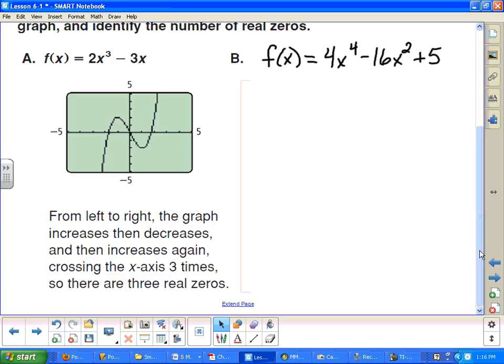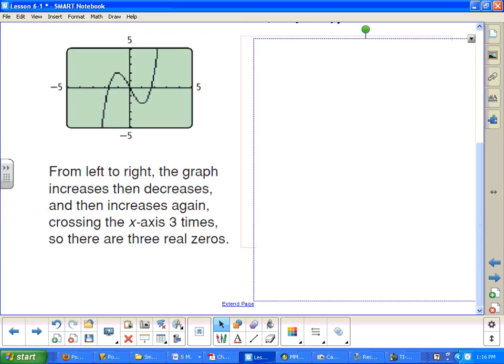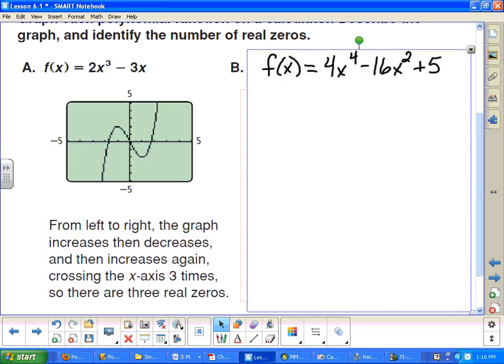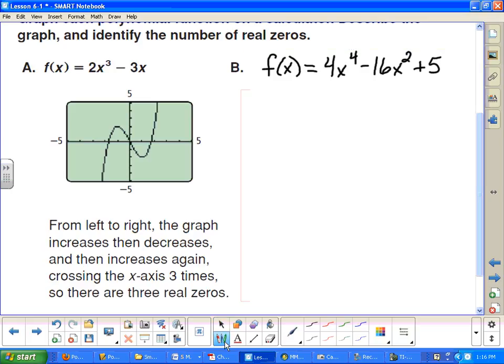All right, Haley, what does this one do? It does what? That it? Does it come down and go back up again? Okay. Then it comes back up again, right?